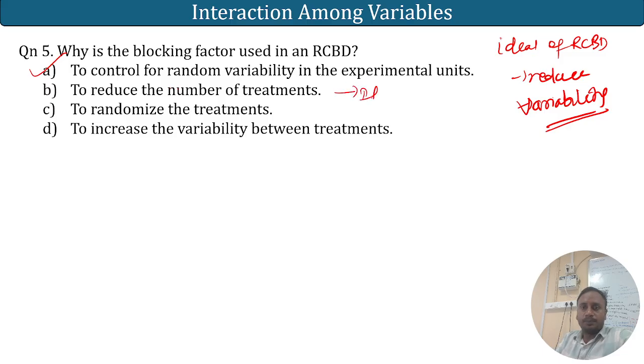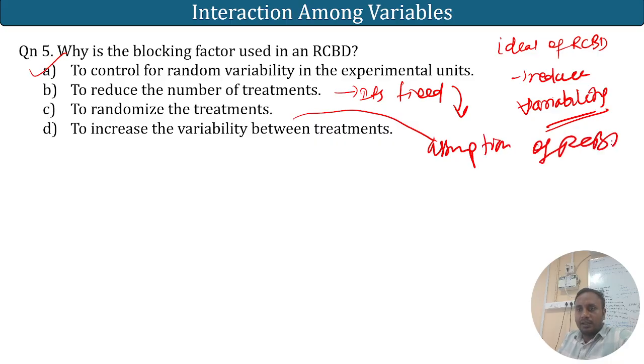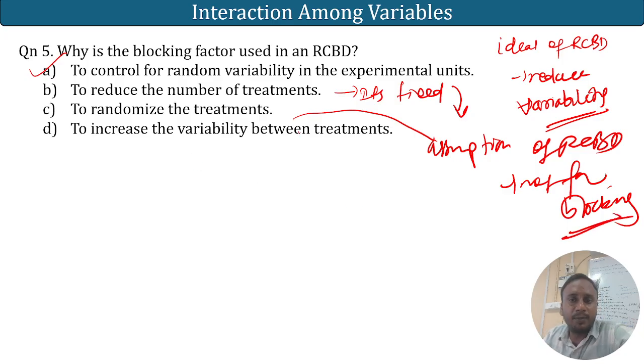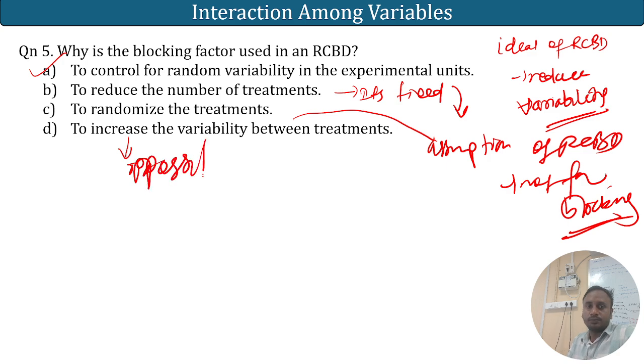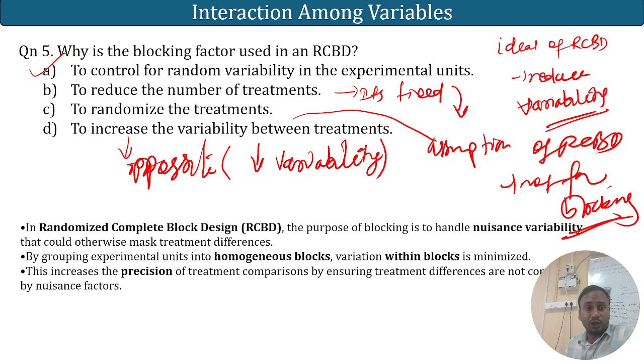No, it's fixed. Whatever we have done, we can't change now. To randomize? That's an assumption of RCBD, not for blocking. To increase the variability between treatments? No, it's the opposite. It's actually going to reduce the variability.